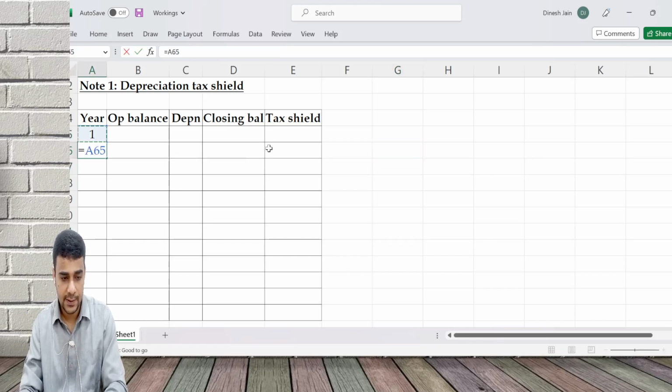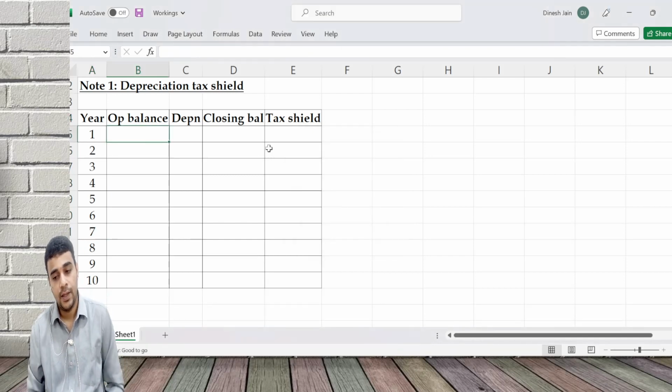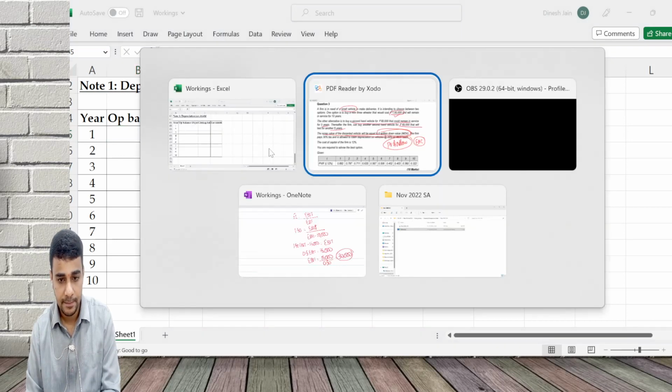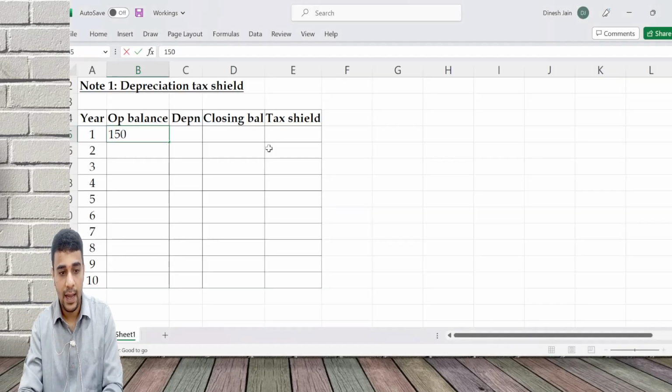You have 10 years. I may do it a little faster in Excel, so you can pause the video at times if you want. 1 to 10. 1,50,000 is the cost of the asset.